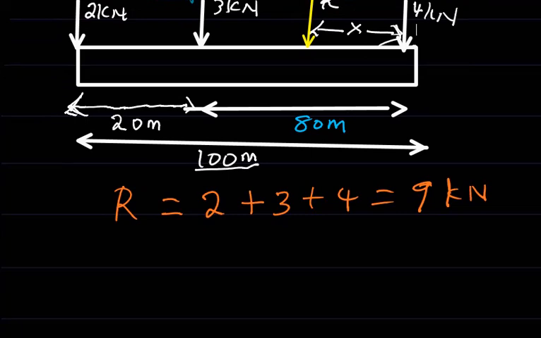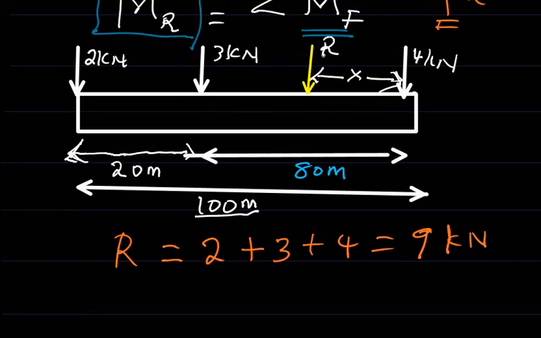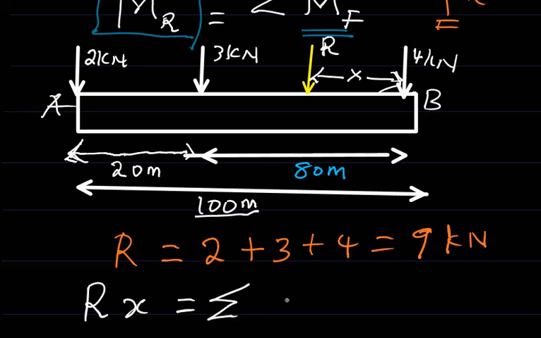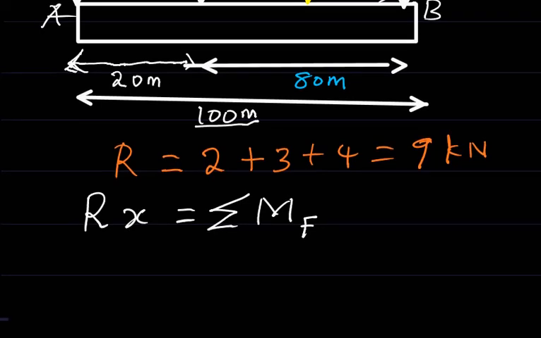If I take moment of the resultant R about that end, let me call this point A and this point B. About B, the moment of the resultant, which is R multiplied by x, is equal to the algebraic sum of the moments of all the forces about the same point.